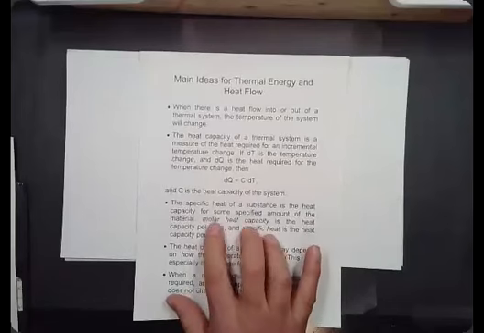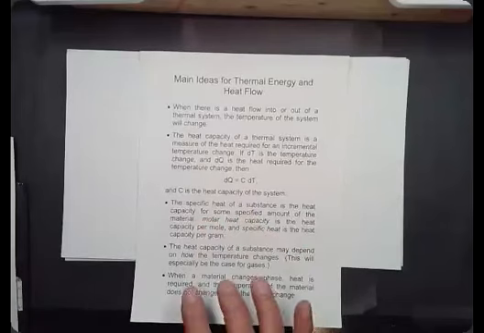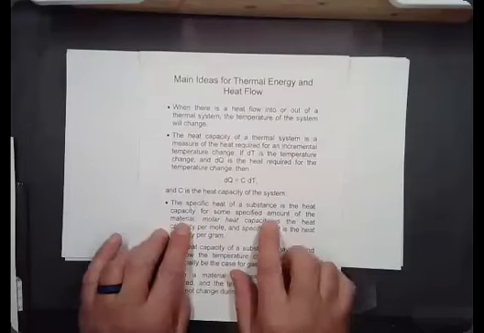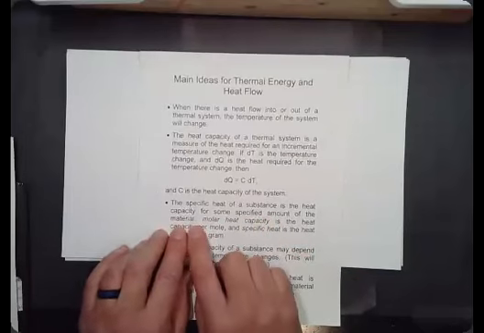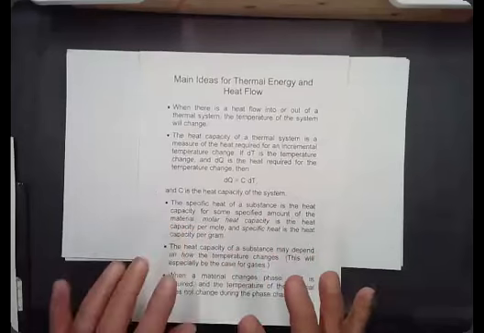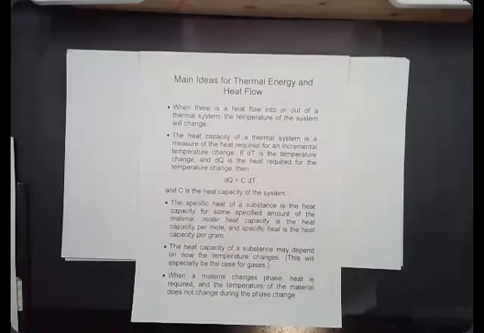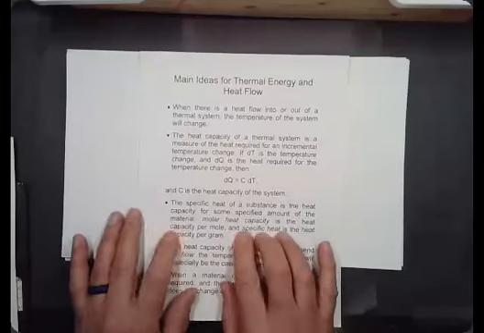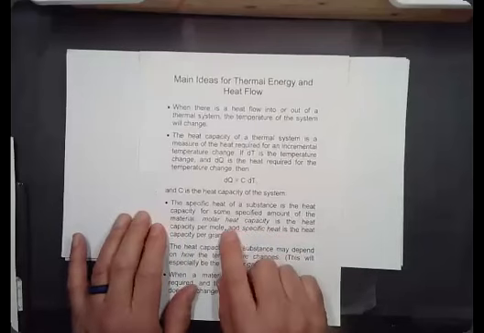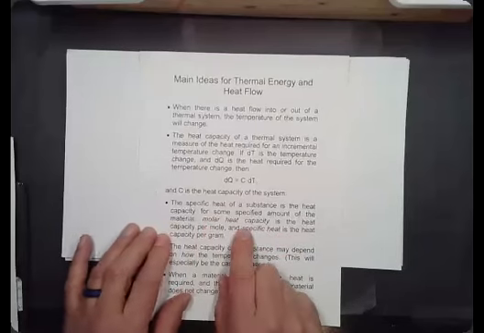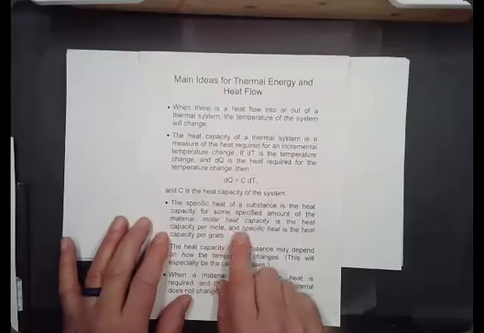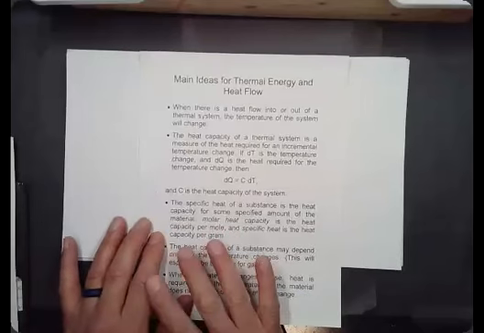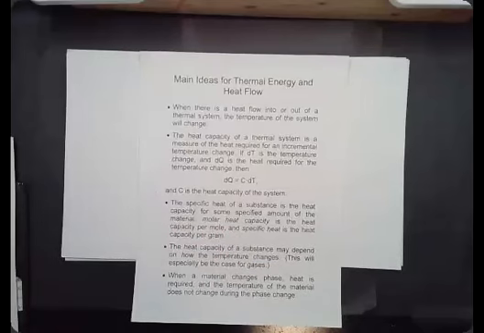Now, the specific heat of a substance is the heat capacity for some particular amount of that material. And usually it'll be a fairly specific definition. Anyway, in chemistry, you might have used molar heat capacity. That's the heat capacity per mole.